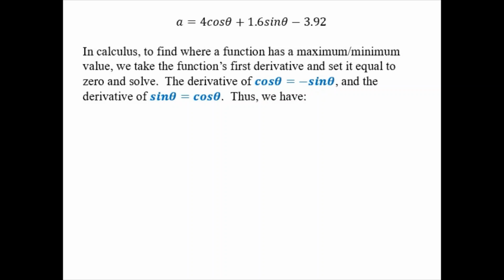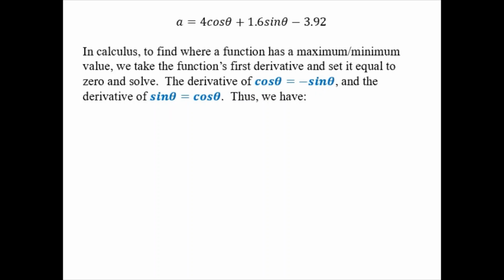Now, I'm not sure how far along you are in your calculus studies, but if we take the derivative of cosine with respect to theta, we get minus sine theta. And if we take the derivative of sine theta, we get cosine theta. So there's no negative in this one. Cosine differentiates to minus sine theta, and the derivative of sine theta is just cosine theta.